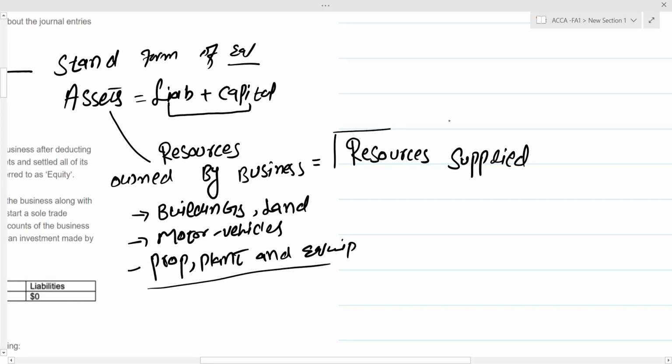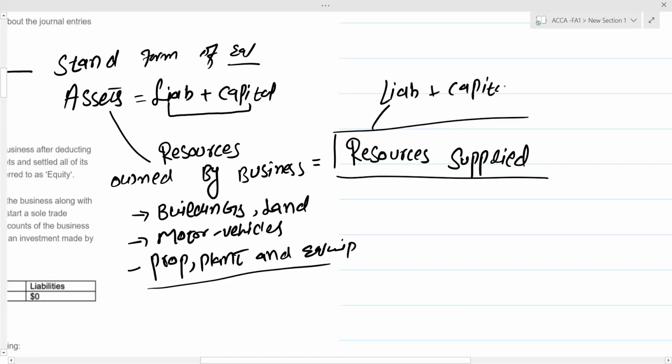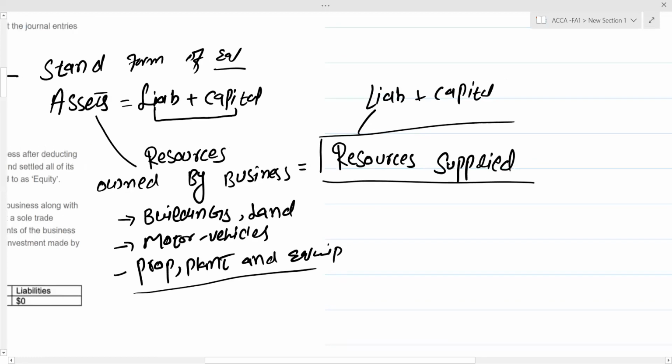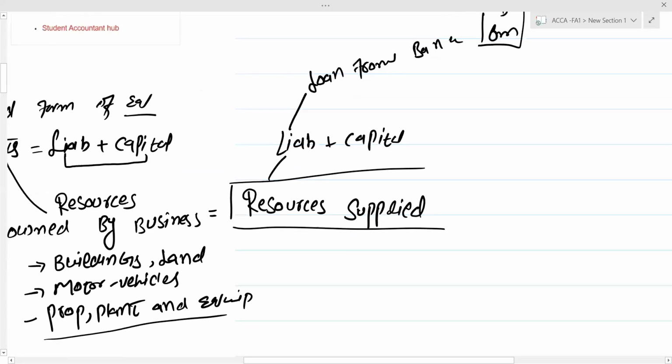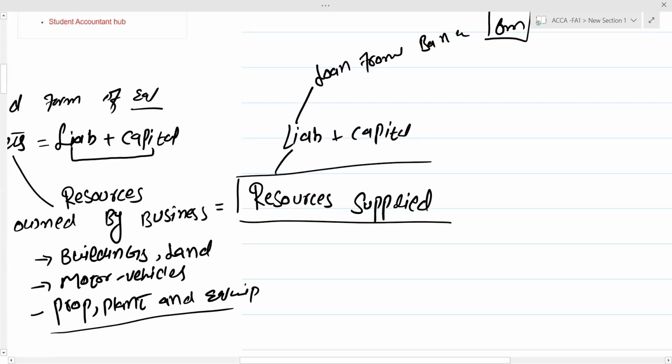For example, if any company took a loan from the bank, for example $6 million, this $6 million is basically a resource, but this resource is supplied by another company, which is a financial institution.